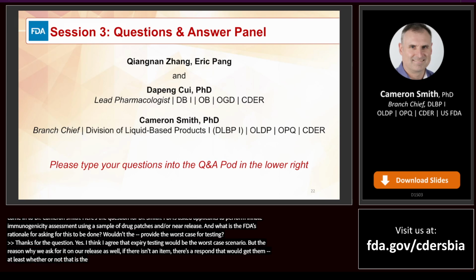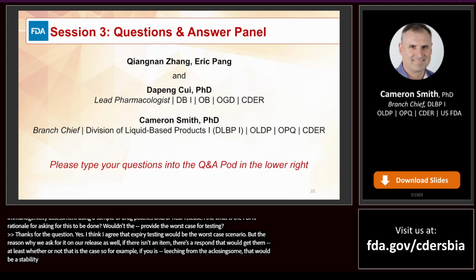So, for example, if you had a leachable that was leaching from the container closure system, that would likely be a stability indicating impurity. And so if that impurity induced an immune response, you may see a difference in the innate immune response between the release samples and the samples aged to the end of the shelf life.